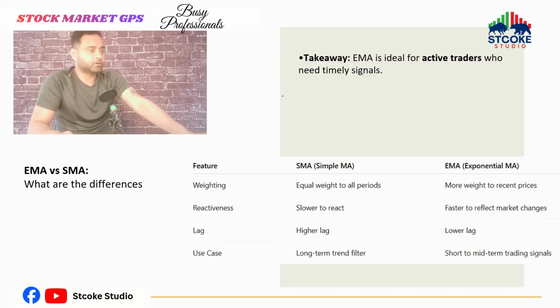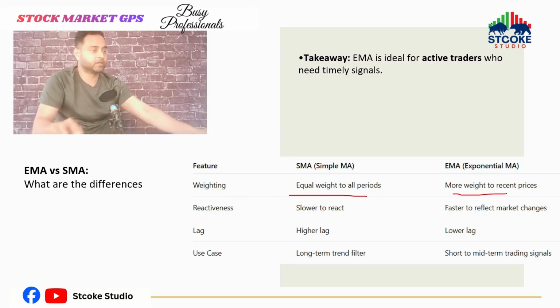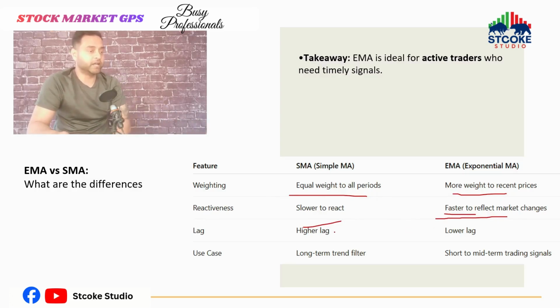Okay, so we will first understand what are the key differences between SMA and EMA. As we said, SMA gives equal weight to all periods and EMA gives more weight to recent prices. SMA is slower to react to price movement, and EMA is faster to reflect the market changes and hence is a better indicator. SMA will have a higher lag.